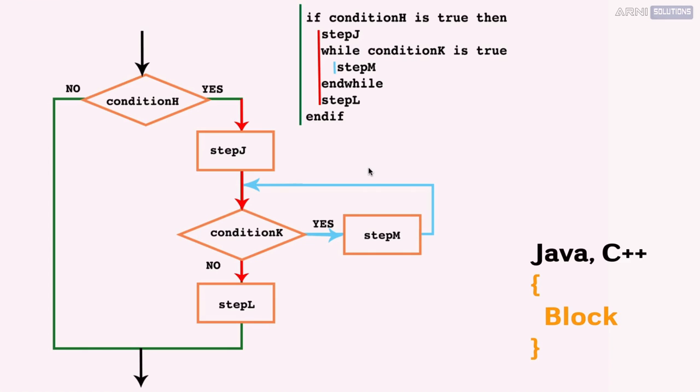So here we have a conditional structure, and within it we have a sequence. Step J, the while loop, and L constitute a block, a group of statements that execute as a single unit. They are aligned, and the if and if are aligned.